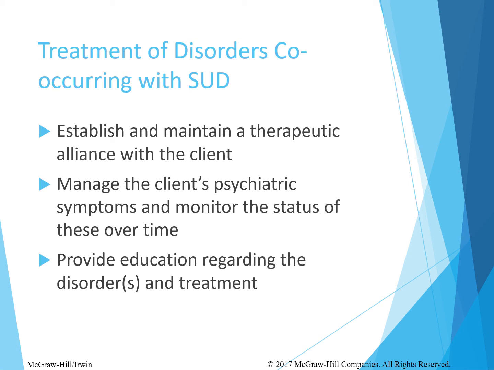You will also provide education to the clients regarding the different diagnoses and information about available treatment. The client should clearly understand what the treatment plan is, who will be providing the treatment, whether or not family members will be involved in the treatment, and what the different medications are that are available to help.